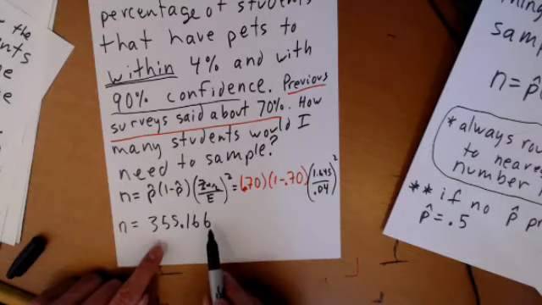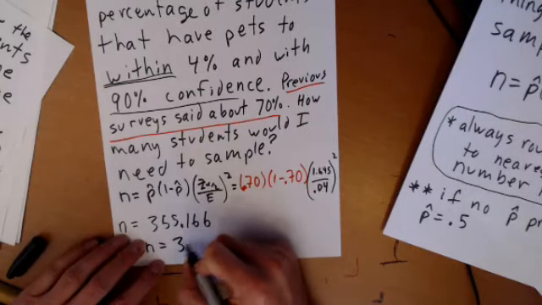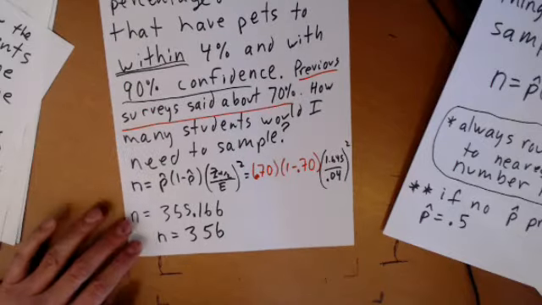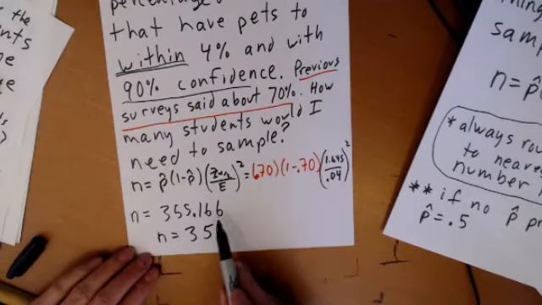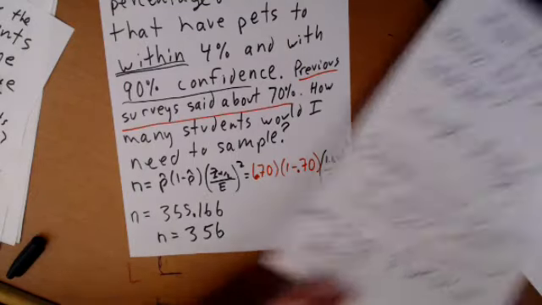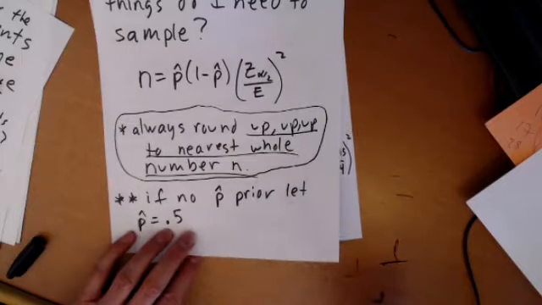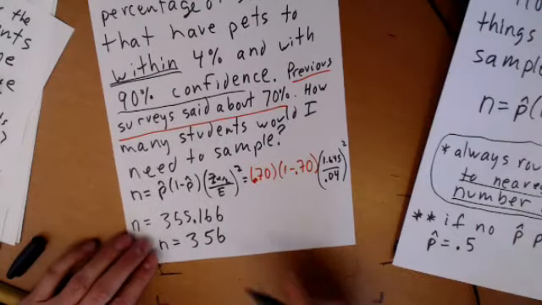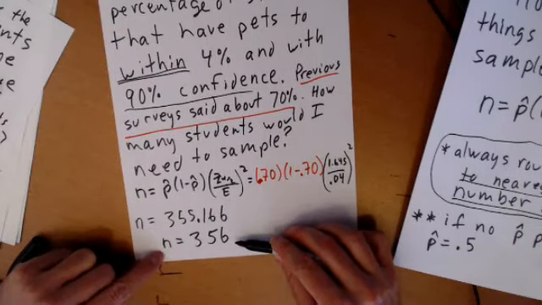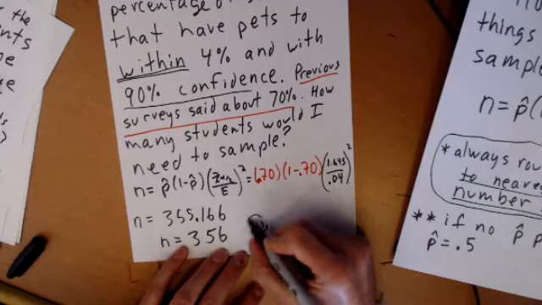Well, I don't want to chop anyone up, so I'm going to round up to 356. And you might be saying, well, that's not how you round. You're supposed to round down. It's closer down. Yeah, I know. But with this, we need to round up to the nearest whole number n. I have to talk to at least this many people, so therefore I need to talk to 356. Okay, that makes sense.